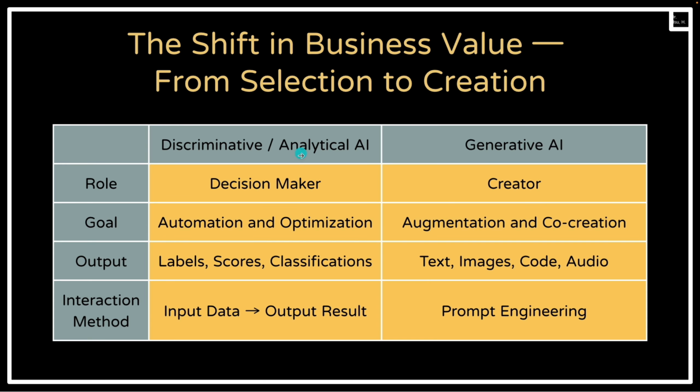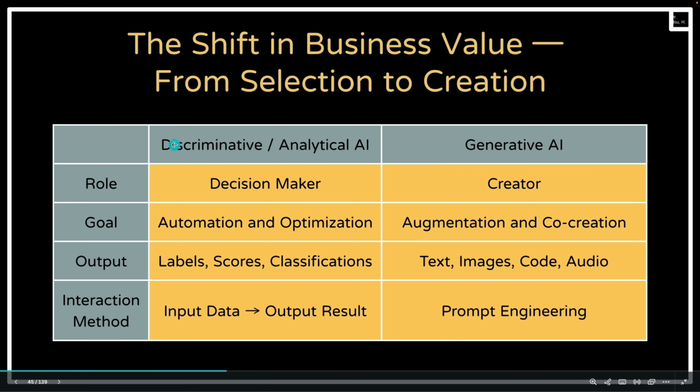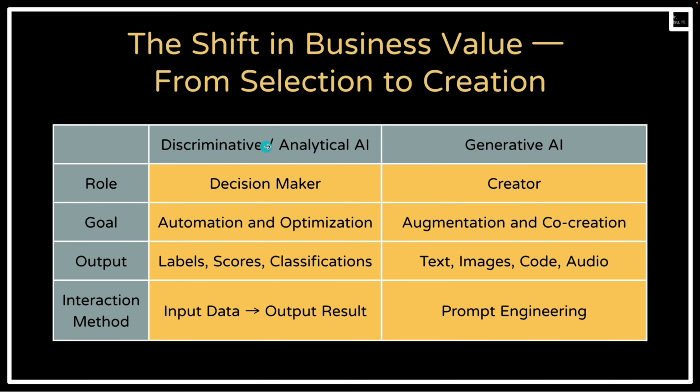Okay, so this slide is especially useful for business students because it organizes the difference in a very managerial way. Please see the table. On the left, discriminative AI or analytical AI is presented as a decision maker. Its role is automation and optimization.